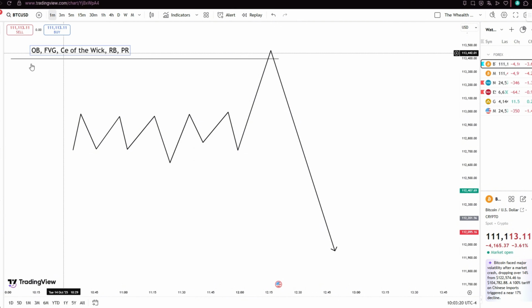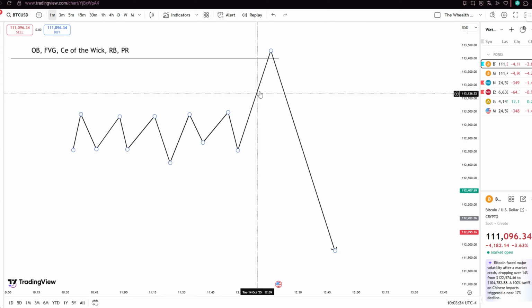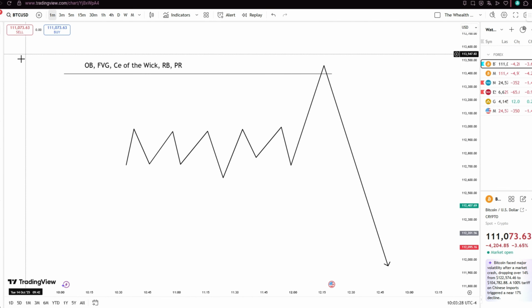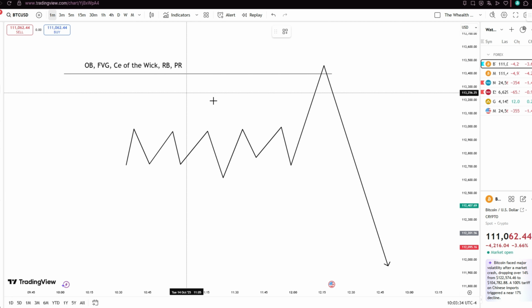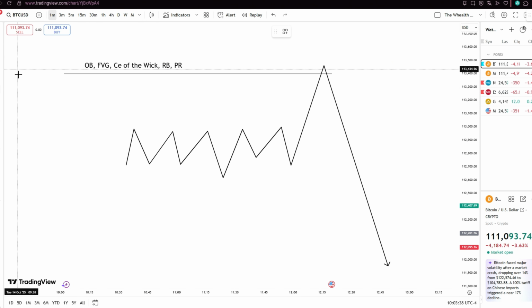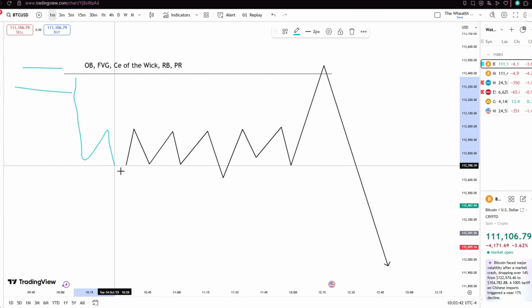If we see this chart and then a clear manipulation to this high inside of the fair value gap, I'm going to go over this, but here is a fair value gap and there is a high, like this.